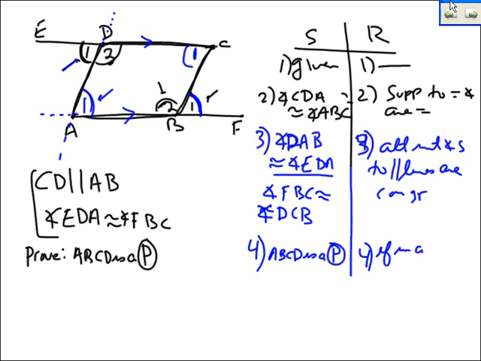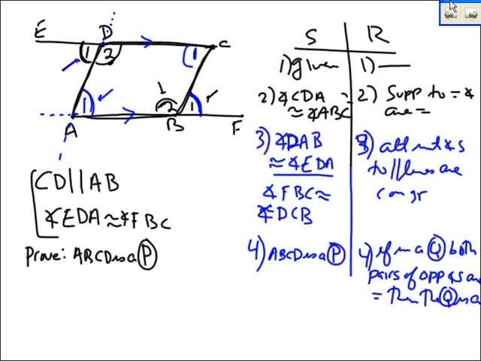If in a quadrilateral both pairs of opposite angles are equal, then the quad is a parallelogram. Okay, nice, neat proof. 4 steps. Let's try another one.